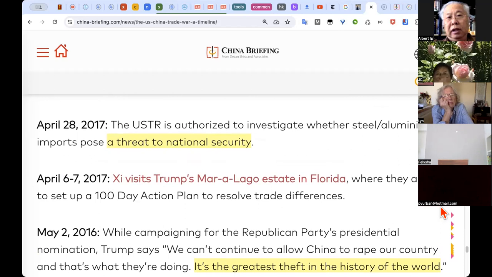At the moment, China produces about 80 to 90% of the world's steel, 80 to 90%. But it exports less than 4% of the global international trade in steel or iron. Most of that is consumed domestically within China.